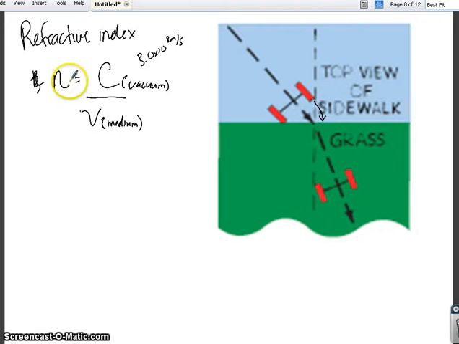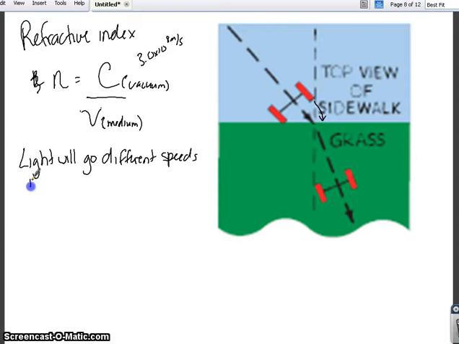So we have a refractive index. Light will go different speeds or velocities in different mediums. It's nothing that we can tell with the naked eye, but it does go different speeds in different mediums. And so we have refractive indexes.